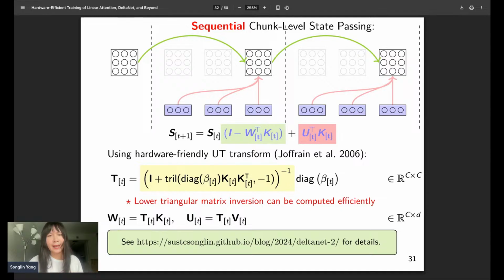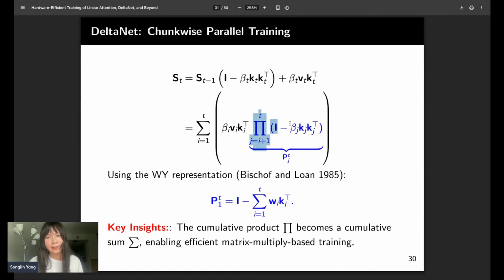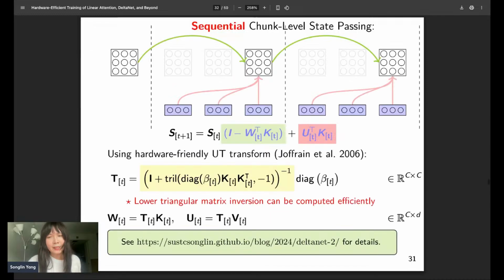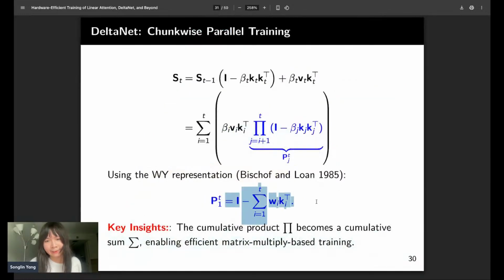However, in this case, we need to take into account this cumulative product of the transition matrix. And here we need to take the cumulative product of the transition matrix within this chunk, and this could be written in this form because here we have a closure.